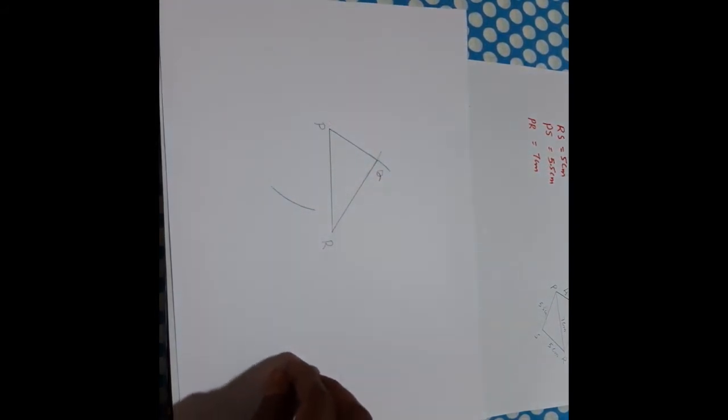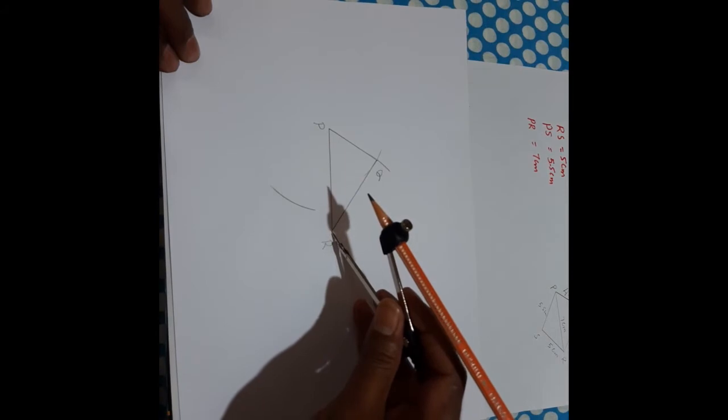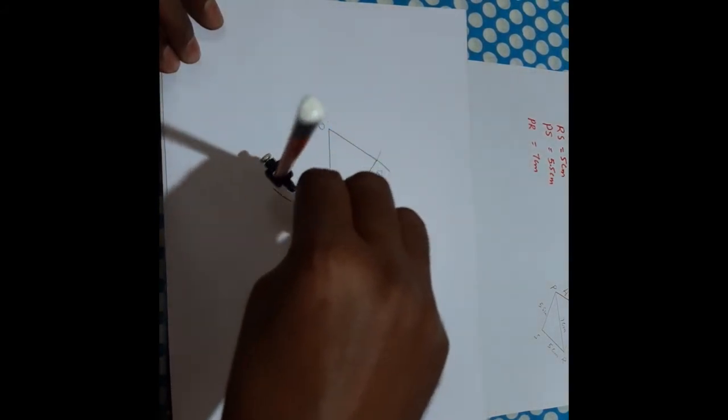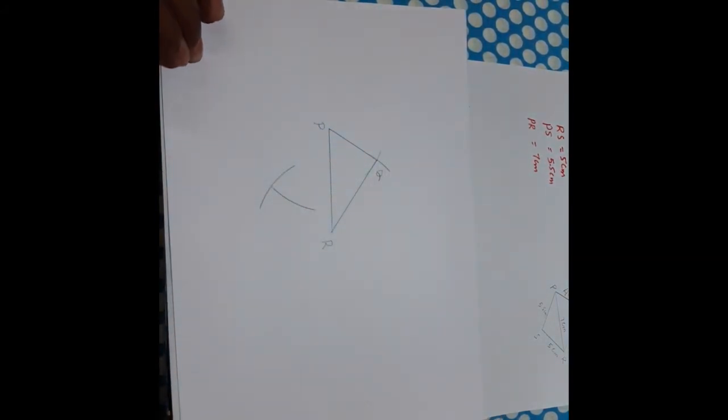Then measure the length RS, 5 centimeters, on the scale. Take 5 centimeters on the scale. Then by taking center as R, you just cut that arc. So now these two are intersecting at one point.